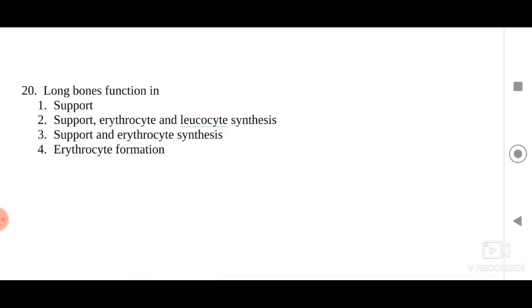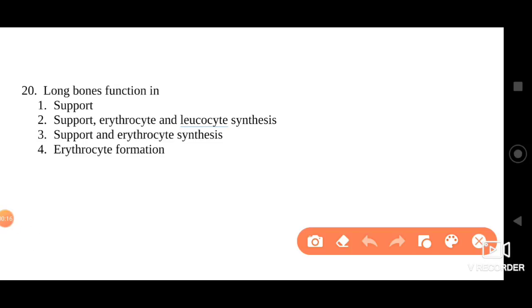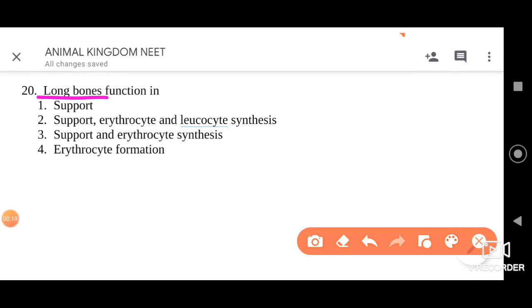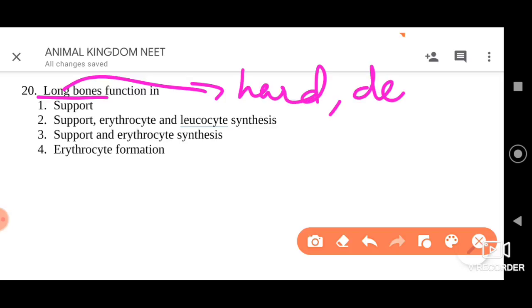Next question we have, long bones function in support, erythrocyte and leukocyte synthesis, support and erythrocyte synthesis, erythrocyte formation. Dear students, when we are talking about the long bones, let me tell you that they are very much harder and very dense.